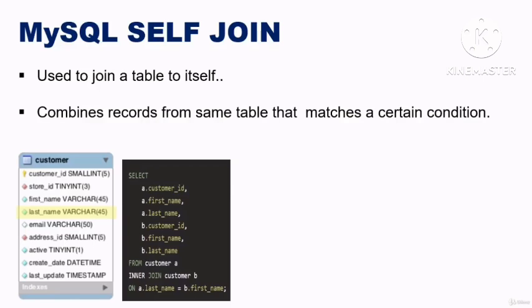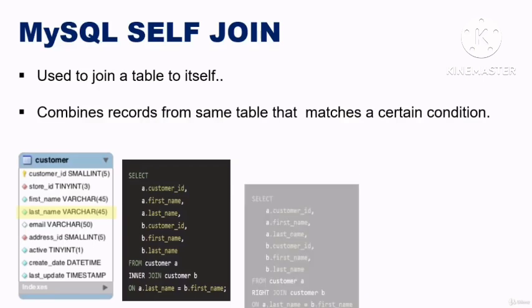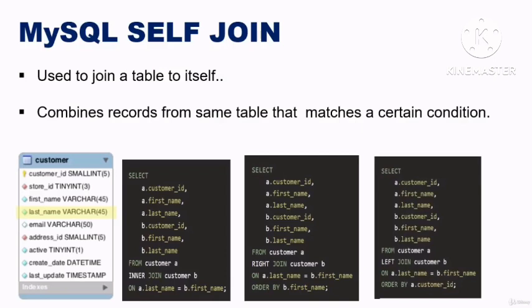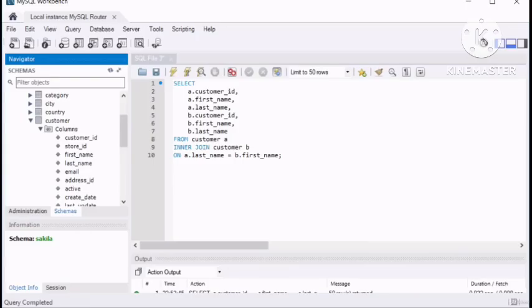Okay, and we're using an inner join. So you can also represent this with a right join and also with a left join. So I've got the query inside my editor in MySQL Workbench. This is the table we are targeting here, the customer table, and these are all the columns from the customer table.